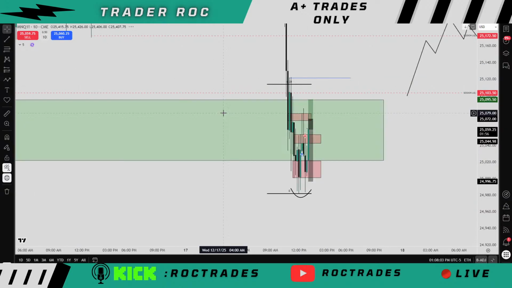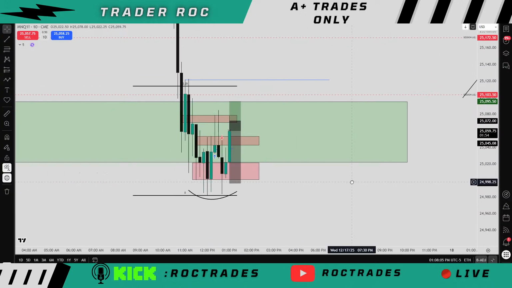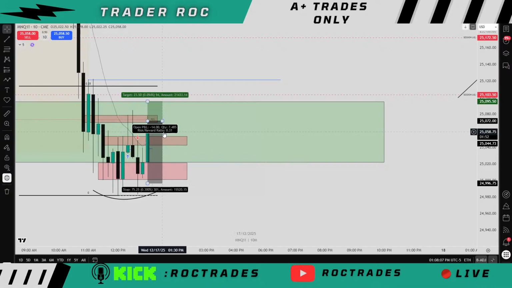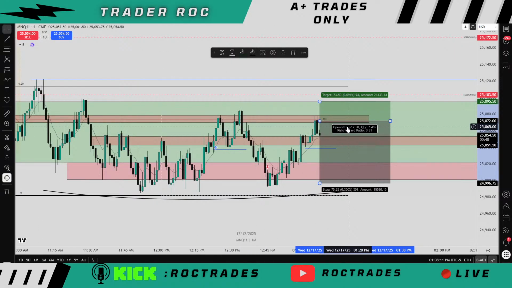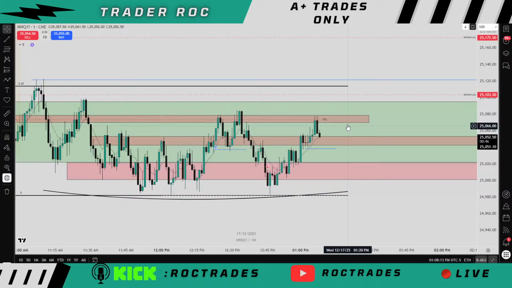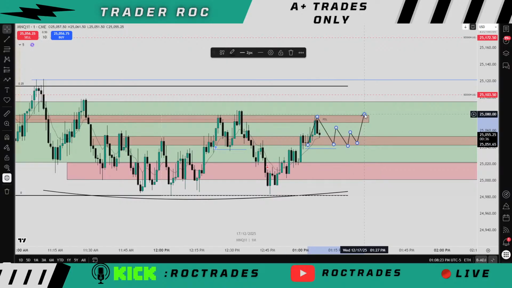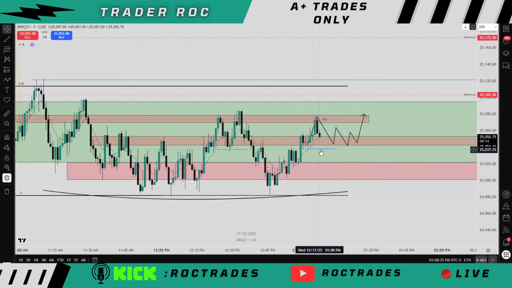So give price a chance here to close. And as you can see, we're still rejecting this level somehow, some way. So we want to see price maintain this level here. If I can see price start to bounce like this and hold this level, I'll definitely buy it with my stop somewhere underneath one of these short-term lows.